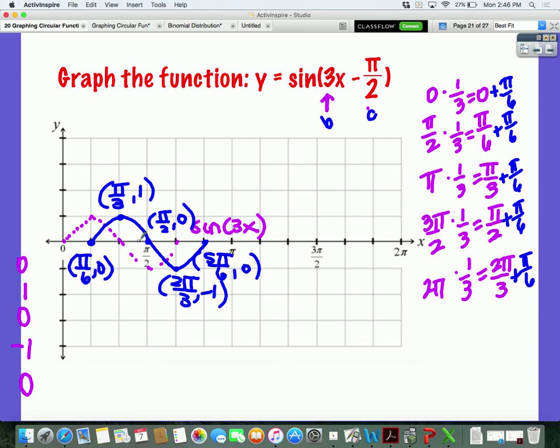If you're going from midline to max, that's 1/4 the distance of the period. So if you go to the next part of the midline, that's 1/2 the distance of the period. Of the new period. Not of 2 pi, but of the new period. So 2 pi over 3, and 1/4 of that would be 2 pi over 12, which would just be pi over 6.